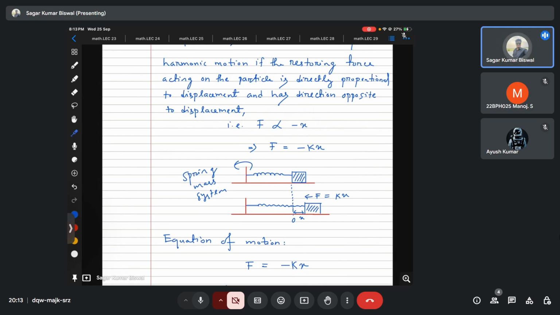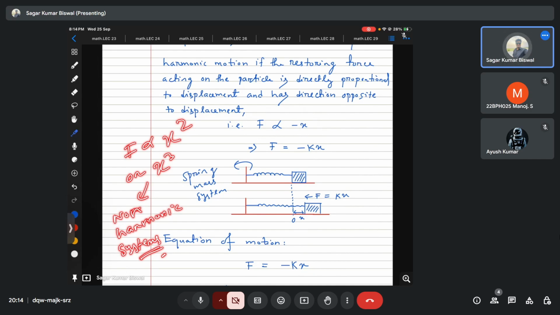And what is a non-harmonic? If the force is proportional to x square or x cube, these are known as the non-harmonic systems, right? Such systems are also known as the non-linear systems, and the study of such systems is a subject in itself.